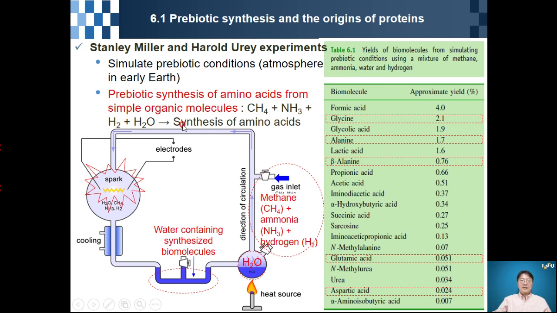This subject summarizes the prebiotic synthesis and the origin of proteins. So 4 amino acids were synthesized during this prebiotic synthesis.